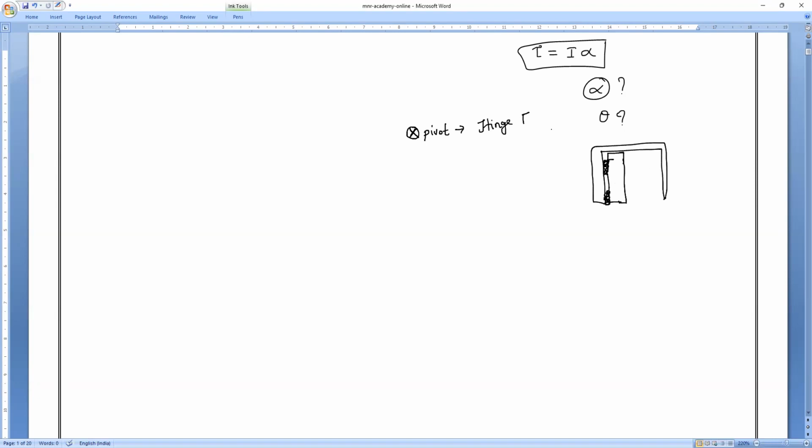Now we are going to study what these hinge forces are and how to calculate them. This is one of the most important concepts for JEE Mains and NEET. We will see with the help of numericals. So keep writing: Hinge forces, rigid body dynamics.